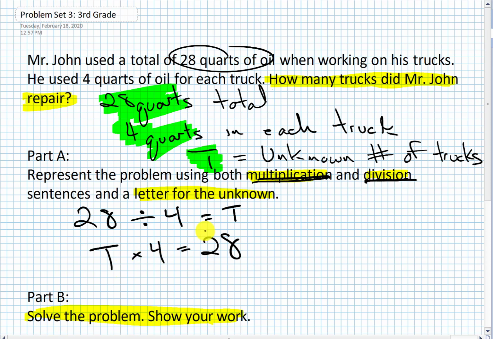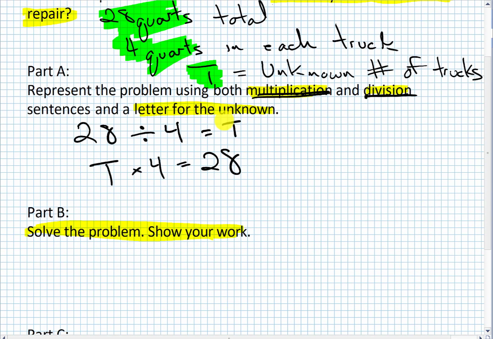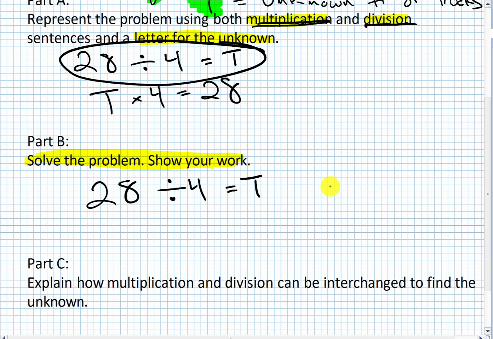And just by thinking through this or actually doing the division, we should be able to find the missing number of trucks. So let's do that for part B. I choose to use the division sentence. So we'll do 28 divided by 4 equals T. Let's do some long division.